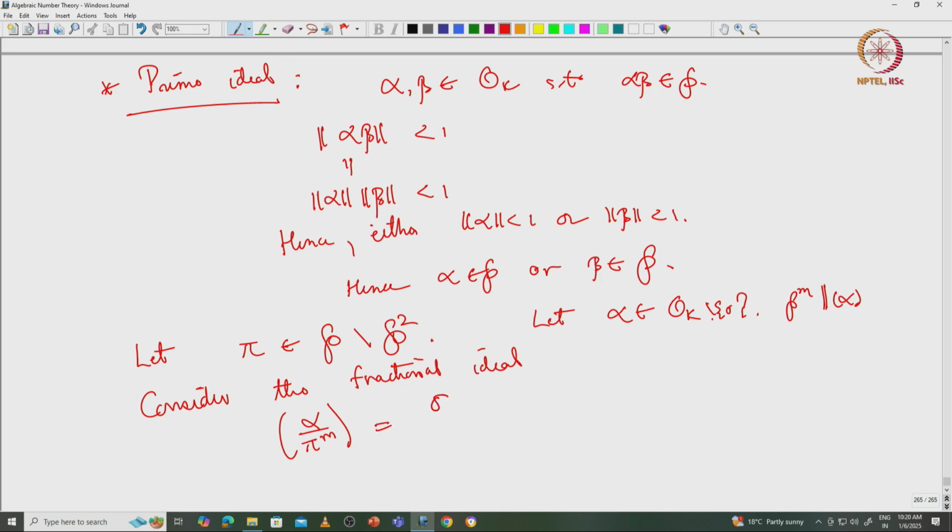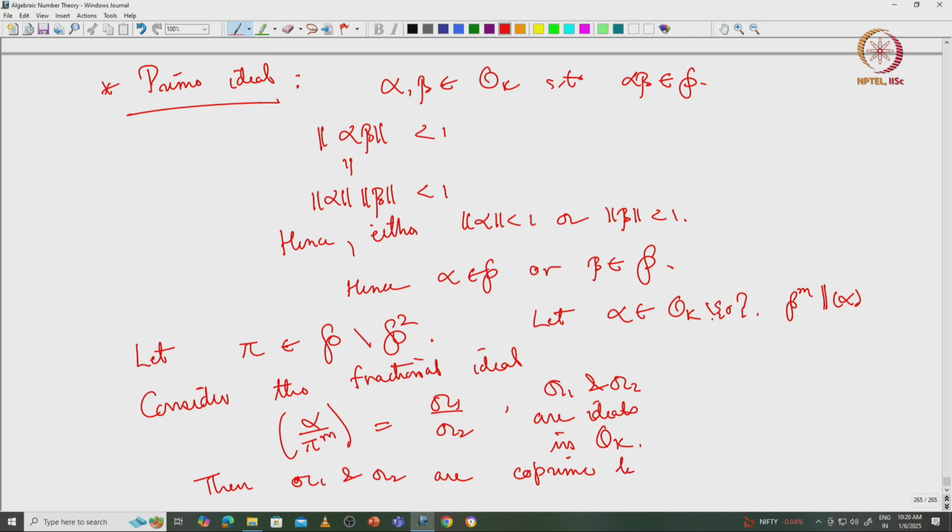If I write this as A1 by A2, where A1 and A2 are ideals in OK, then what do I know? That both A1 and A2 are co-prime to P. I mean, of course, I choose them in the reduced form, I don't let A1 and A2 have common prime ideal factors.